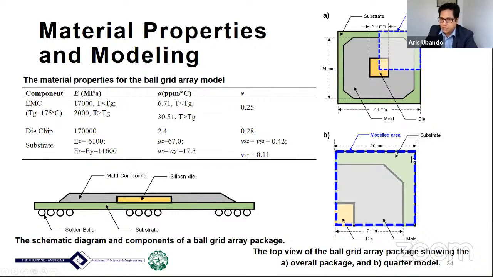So just to highlight this modeled area, this is basically the area that we have simulated for the study. You can see here the die and the mold substrate on the top view.